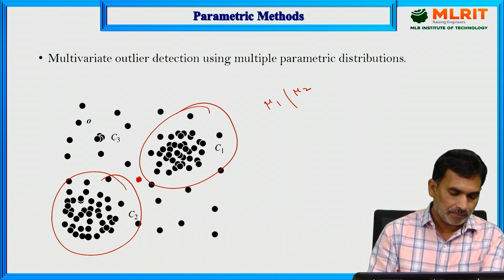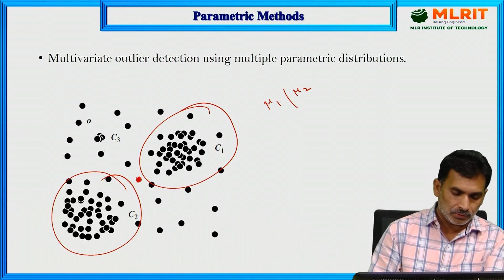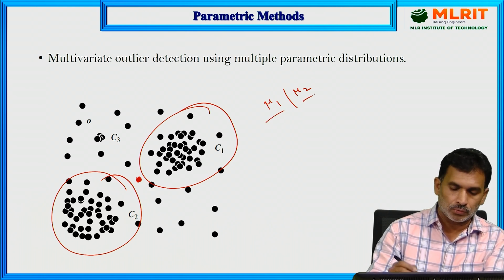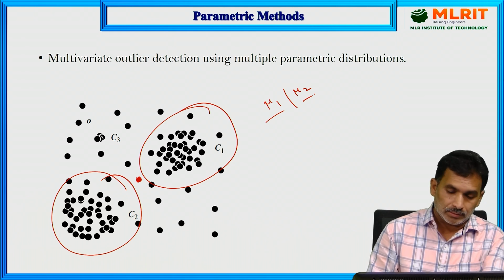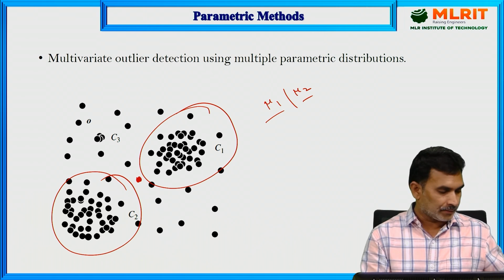That's why we have to use different parameters, mu1 and mu2, the two means we are going to use to find the outliers.